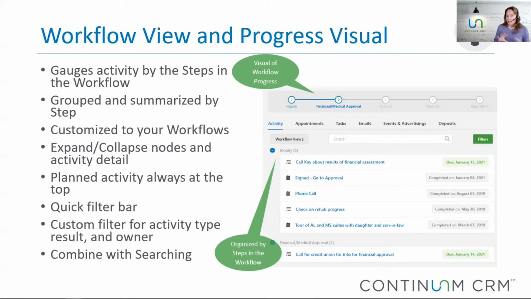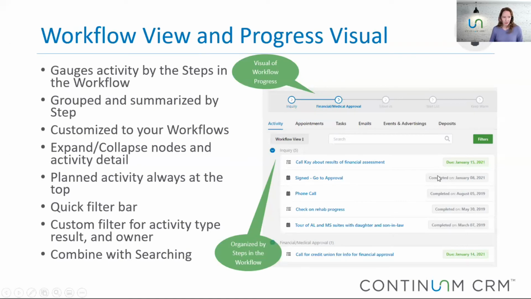So that's new, added at the top. And then the addition of the workflow view shows your activities broken out by step and can help you understand where you have spent your time, and where you maybe need to spend your time. It really becomes a powerful tool to help learn not just the system, but how our community wants to interact with our prospects.